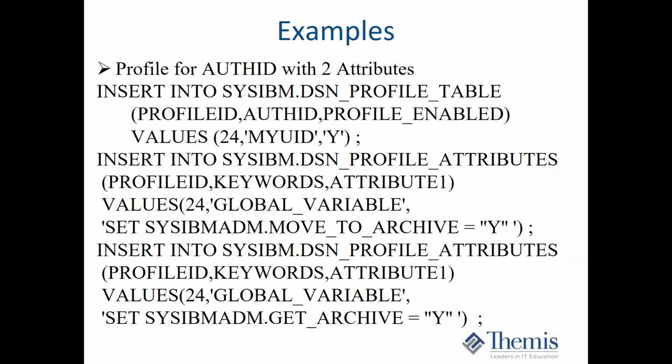Get archive, yes. So any deleted rows go to the archive table space. And then when they do a select with get archive automatically set to yes, then when they do a select from the base, it automatically brings in what is in the base and the archive table, that had been moved out of the way of my transaction environment.